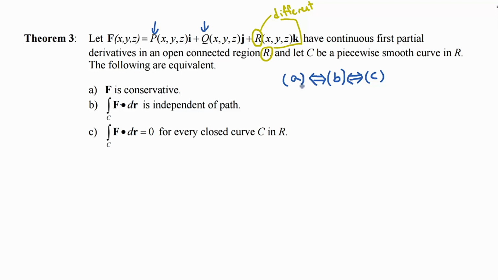First one, A: F is conservative. What does that mean? There exists a scalar function, lowercase f, such that del f equals uppercase F, the vector field. A, F is conservative, is equivalent to saying that the line integral with respect to the vector field is independent of path. Well, we kind of already knew that, right?